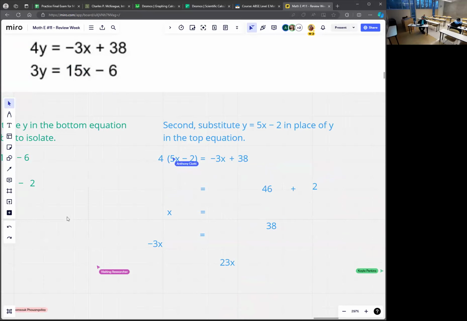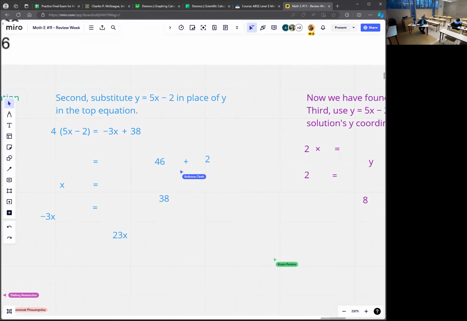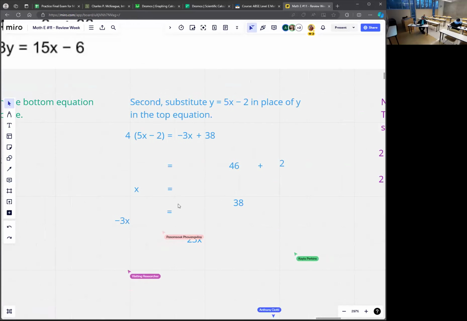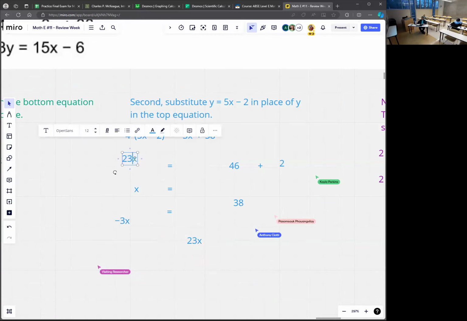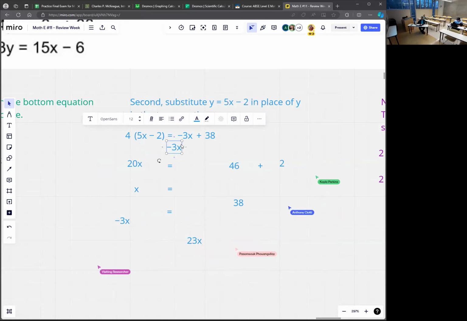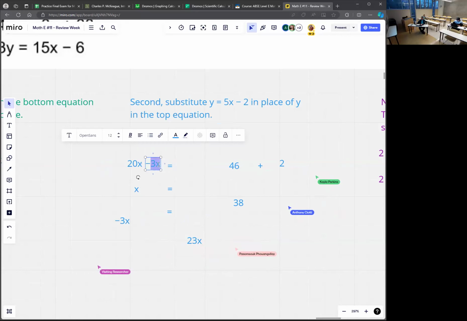Should have been a 20x somewhere to disappear. We can make it. There you go. We also don't have a -8, do we? No, I messed up.